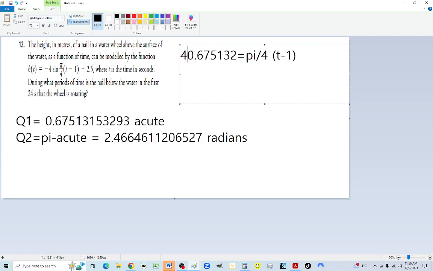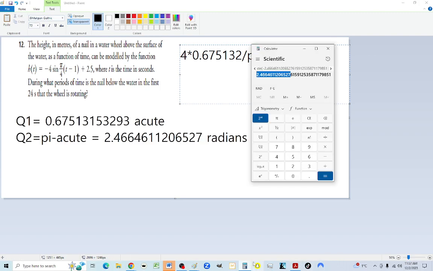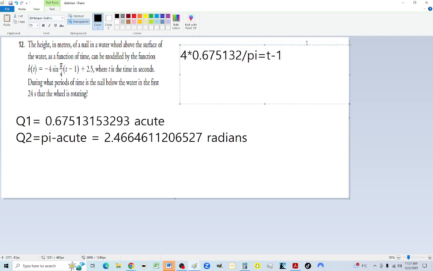So we have to multiply this by 4 and then divide it by pi to get rid of this. Okay, let's do that. Too bad I didn't keep the first one, I kept the second one. So let's do the second one first. The second one's the same thing. I have to take this and multiply it by 4, divided by pi to equal t minus 1.